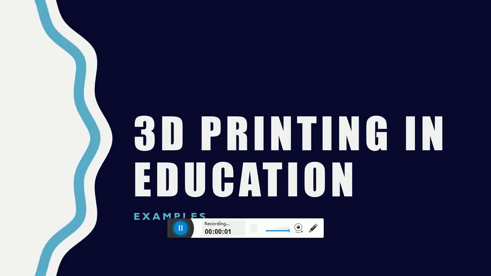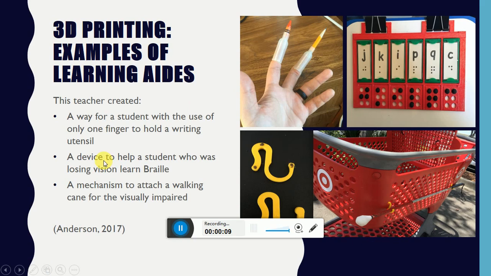So now I'm going to share some examples of 3D printing in education. Some of these, this is actually the same teacher that that video was on. He created a way for a student with only the use of one finger to hold various writing utensils. He created a device to help a student who was losing her vision learn Braille.